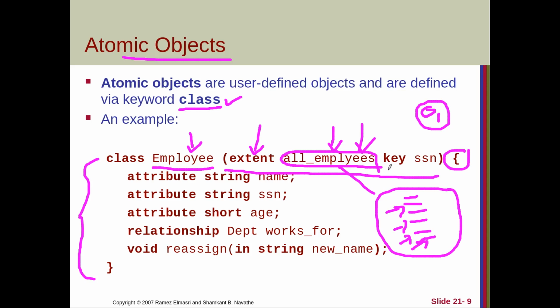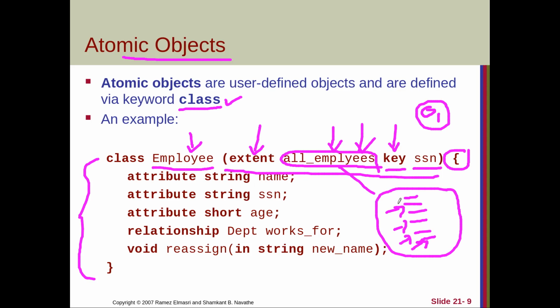Now I am giving one more thing. Within the class we need to specify a key, as we are creating a class, an object for a database, right? It is for data representation. So normally, as in a relational database, we should also have a key. So we are using the keyword key, and I am assigning SSN as the key attribute for the class employee.